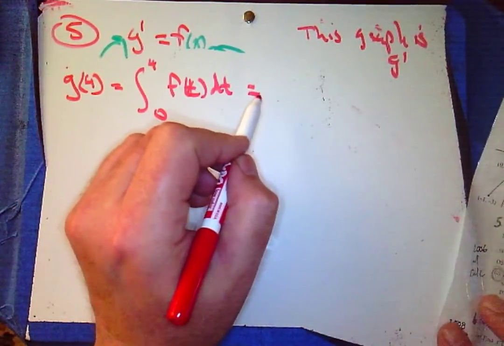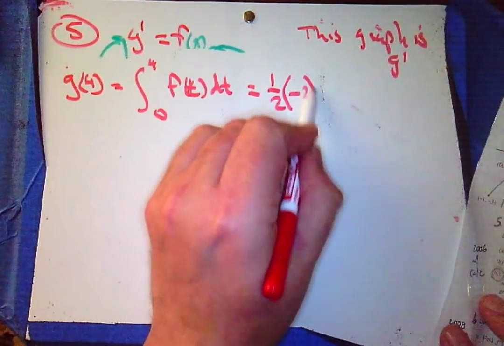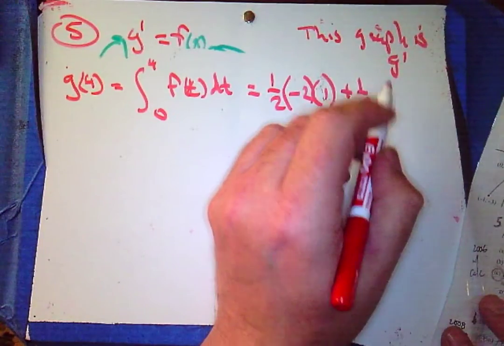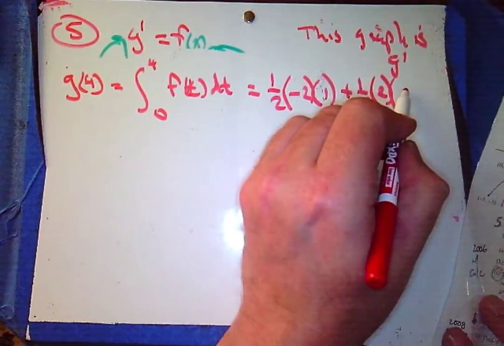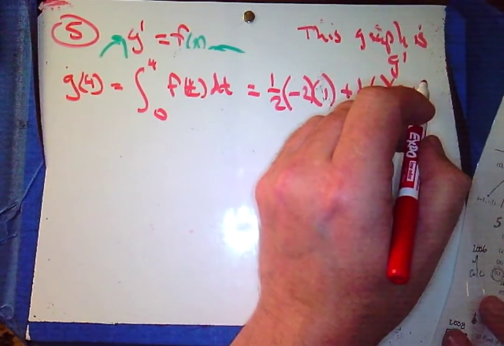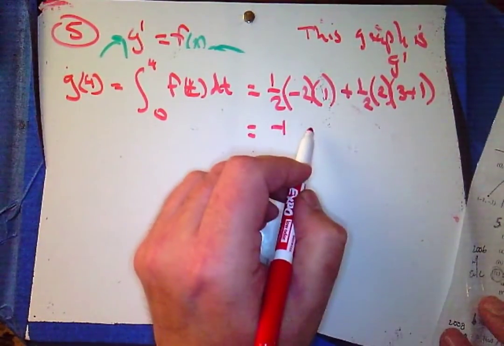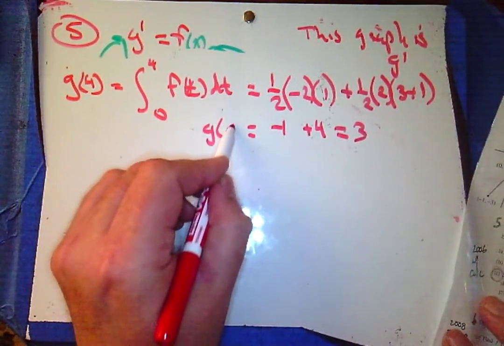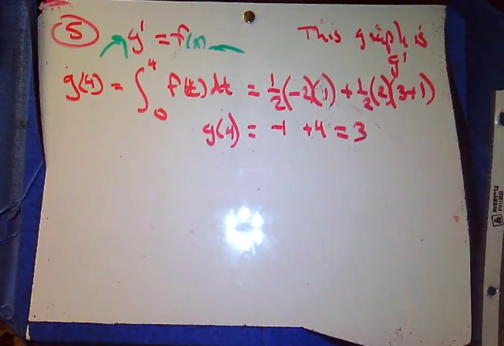Well, the integral from 0 to 4 is 1/2 times negative 2 times 1, plus this trapezoid area, 1/2 a height of 2 times base 1, 4 minus 1 is 3, plus base 2, 3 minus 2 is 1. And so what do I get? I get negative 1 plus 4, or 3. G of 4 equals 3. I like g of 4 equals 3.